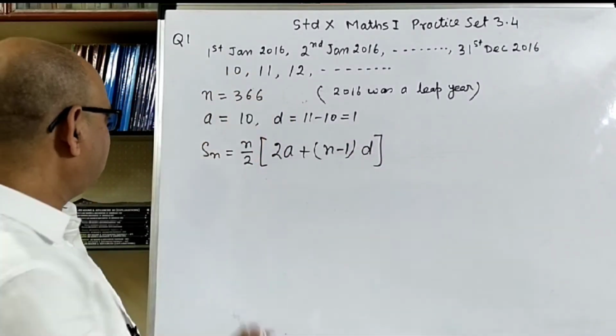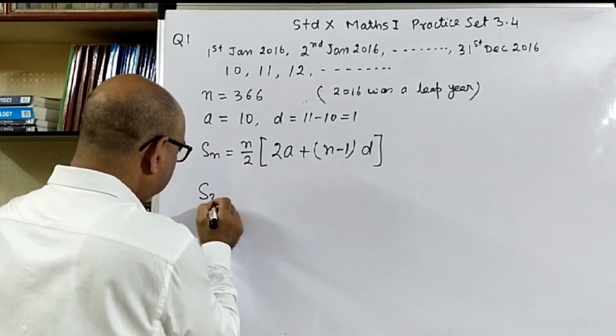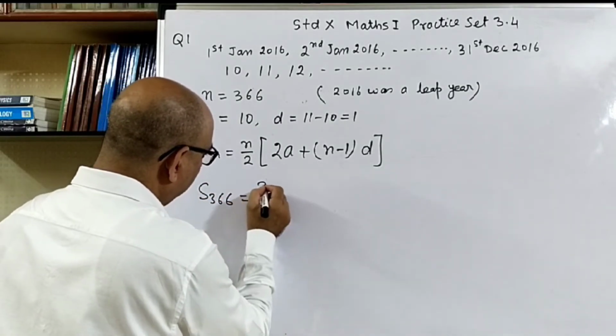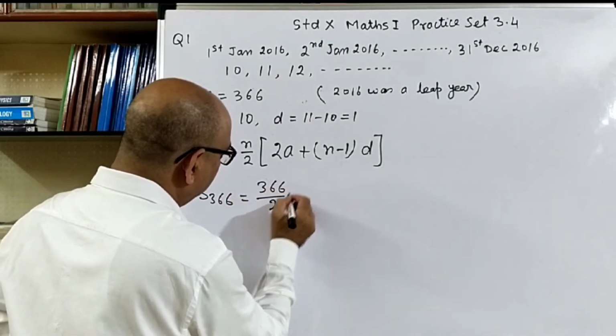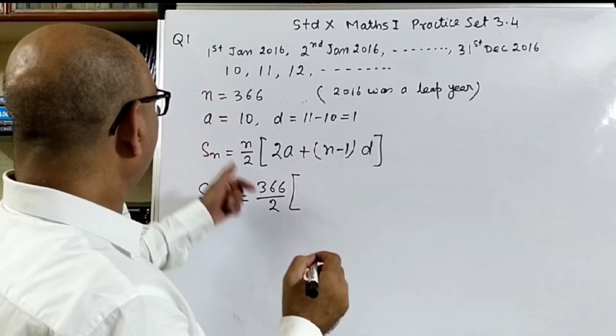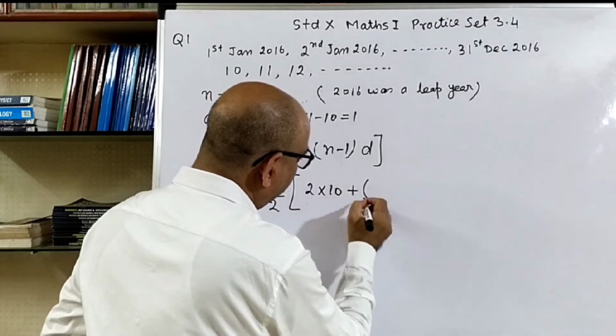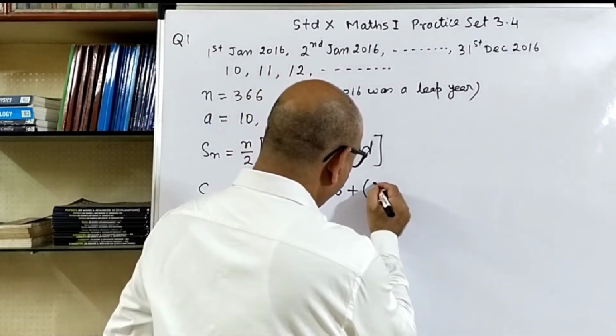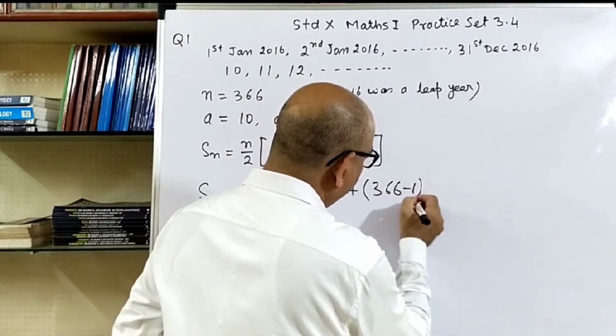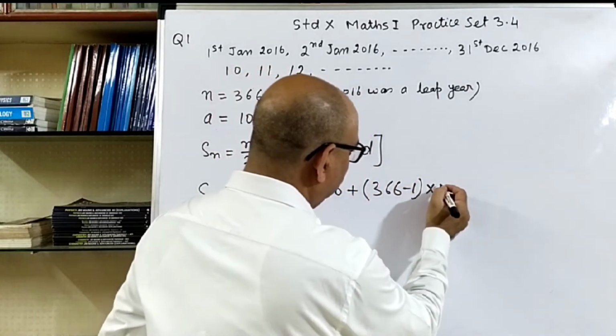N is 366. Therefore, S366 will be equal to 366 by 2 into 2 into 10 plus n minus 1, that is 366 minus 1, into d, d is 1.